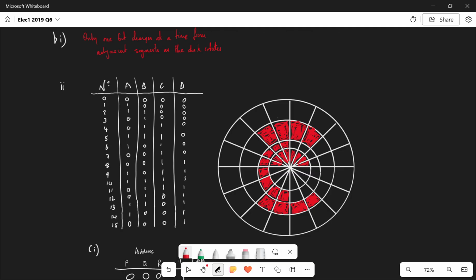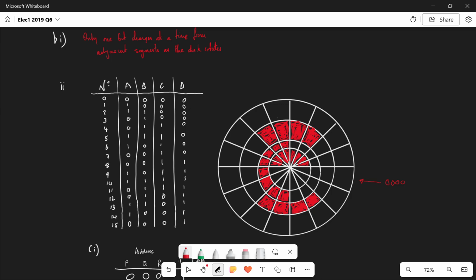Now, hopefully what you can see is we can figure out where the 0, 0, 0, 0 is. And what we find when we actually do this is it's this particular segment here, which must be 0, 0, 0, 0.